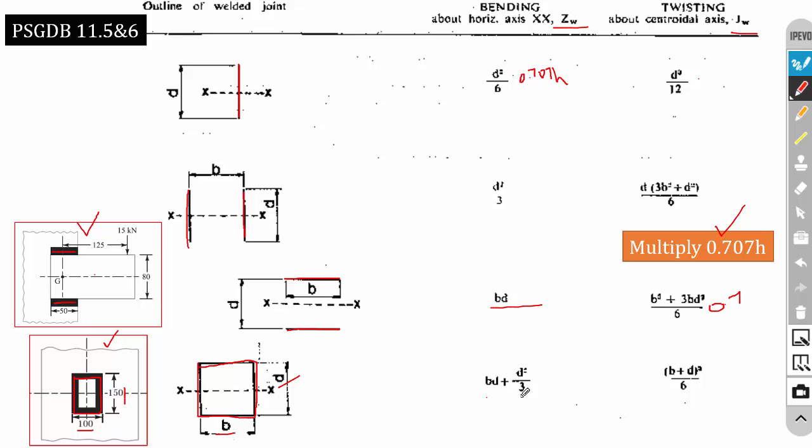So the Z equation is BD plus D square by 3 into 0.707 H. Then the J equation is B plus D the whole square by 6 into 0.707 H. So we have to select the formula based on the weld region, and you have to compare the given problem with the weld region given in the data book. These equations are there in data book page numbers 11.5 and 11.6. I have given you the scanned copy of the PSG data book, so you can refer to that.